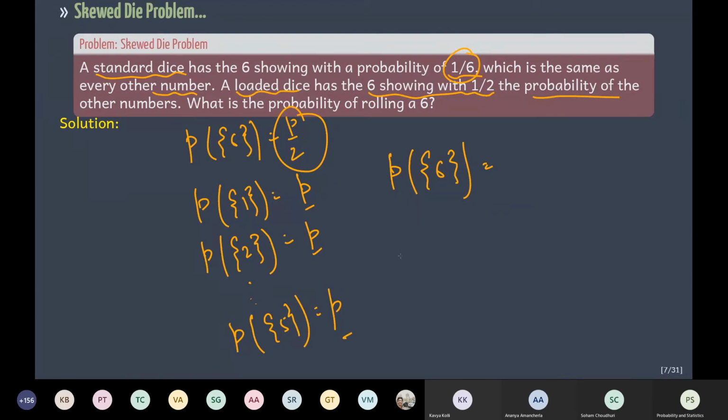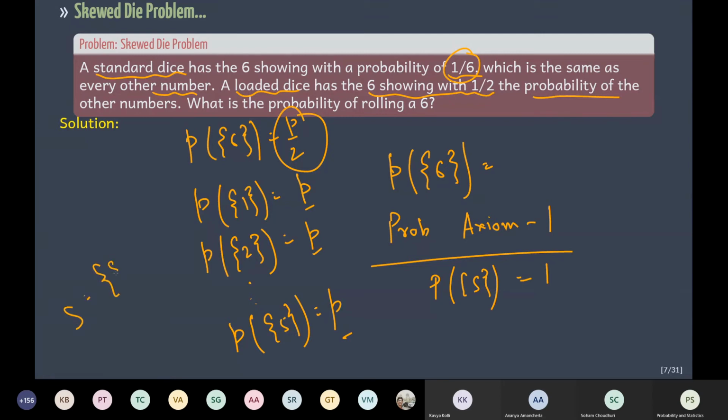This is probability axiom 1, you recall this. The probability of the sample space is 1. In our sample space we have 1, 2, and so on up to 6.